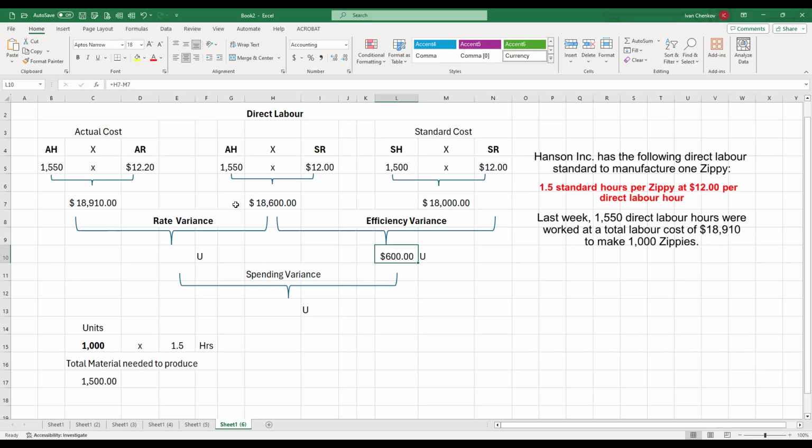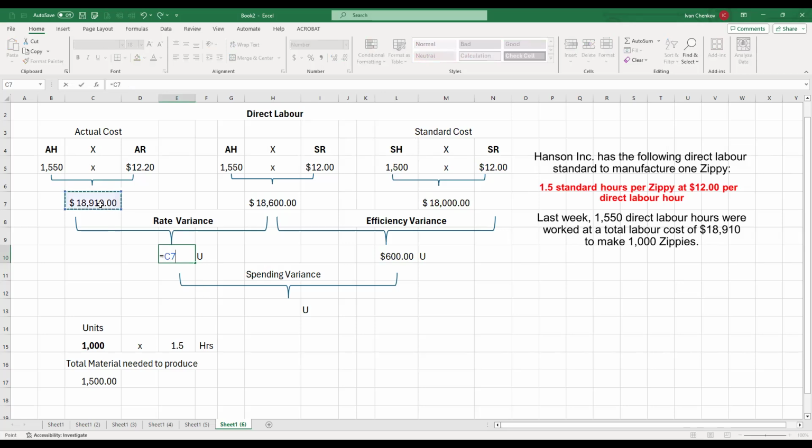Now let's go to the rate variance. How efficient are we on the rate variance? Are we favorable or unfavorable? Unfavorable by $310. That will be this one minus that one. $310, we are unfavorable.